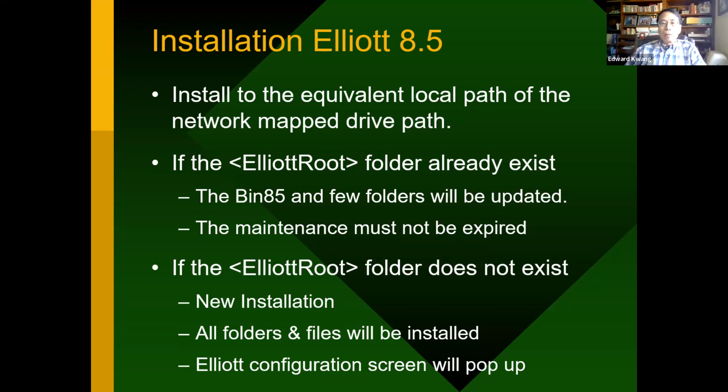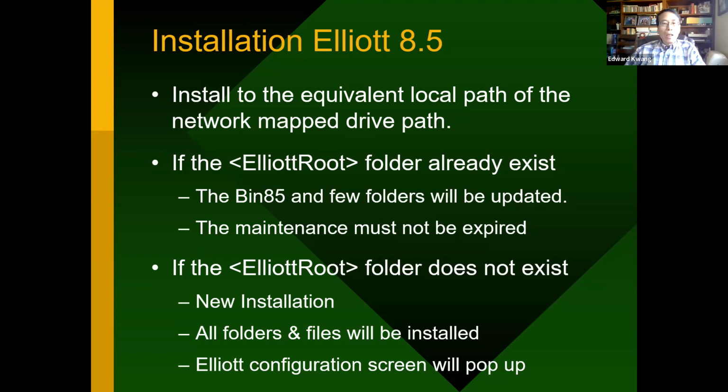Second, there are two types of installation. One is you already have Elliott, and we consider that an update. We make some updates to your folder, and we need to make sure that your maintenance is not expired before we can install the update for you. The second scenario is a new installation.